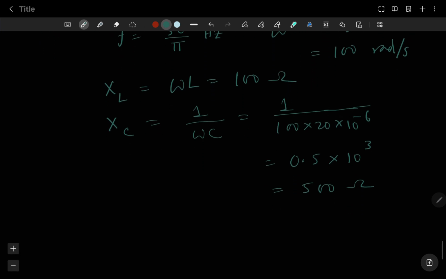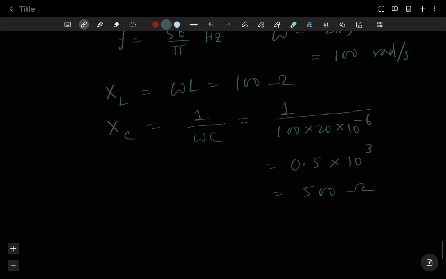Now if we need to calculate the voltage, Z, the impedance, will be root over R square plus XL minus XC whole square.